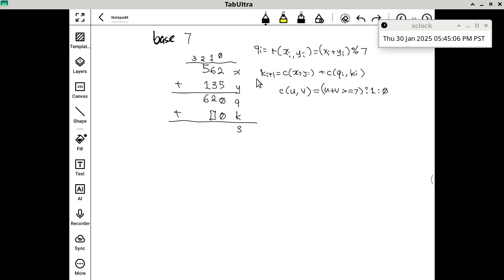Is it greater than or equal to 7? The answer is yes. It returns a 1. And then we look at c of q0, k0. In that case, it will be 0 plus 0, which is a 0. And we are asking whether 0 is greater than or equal to 7. The answer is no, which means it is a 0. So 1 plus 0 is a 1. So that is the conclusion of why this is a 1 right here.